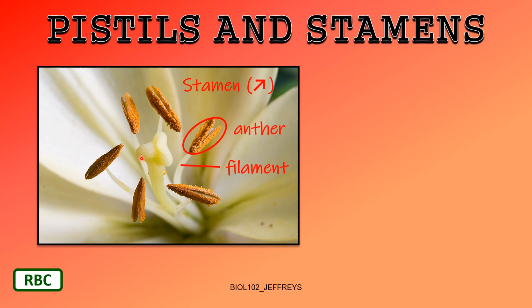We're sort of looking down on them, so you see a foreshortened view of the filament, but they're long. This is part of the pistil here, part of the female structure. But these are anthers, which generate the pollen grains, and they're connected to the flower proper by their filaments.